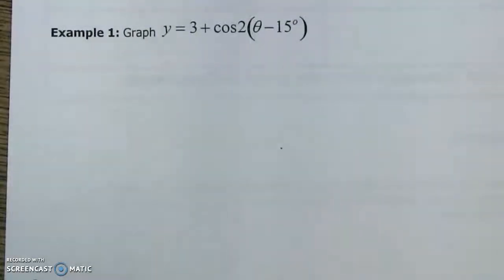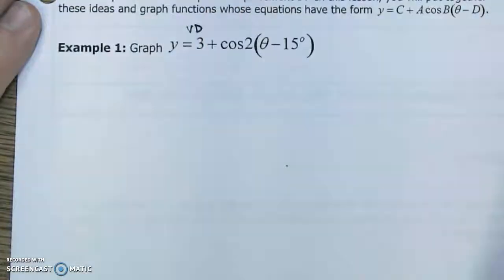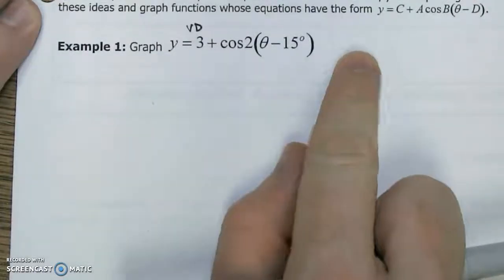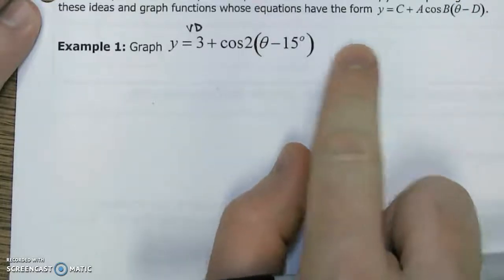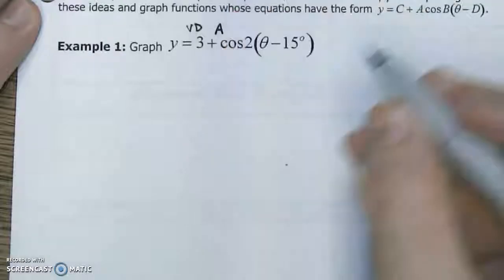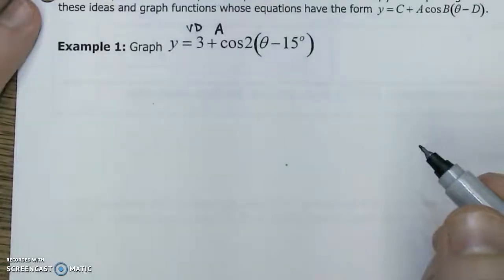So you're always going to start with your vertical displacement. Depending on where you're seeing these, I will always give you vertical displacement in front, but you could see it behind the parentheses if you're looking at another website. Your amplitude is being multiplied in front of your sine or your cosine.